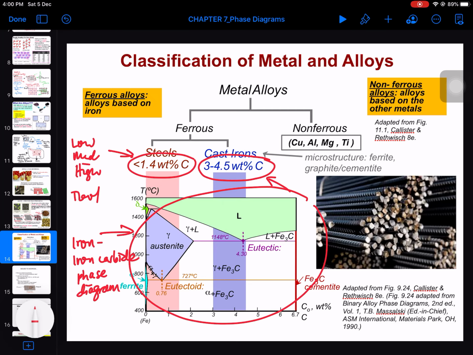All the 6 elements in group 1 except for hydrogen fall into this category, and are considered alkali metals. So that's the second way to classify metals. First by the iron content, so it's ferrous or non-ferrous, and the second one is by the atomic structure. You have to refer to the periodic table.